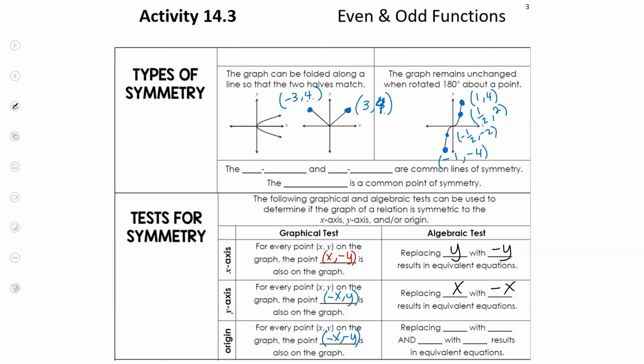And for the origin, replacing x with a -x and y with a -y. And we'll look at an example of what this looks like. All right, and you guys should all have this written down. Let's look at the next slide.